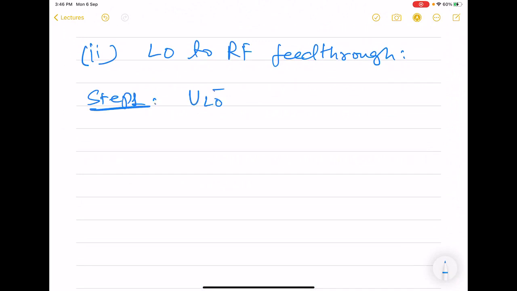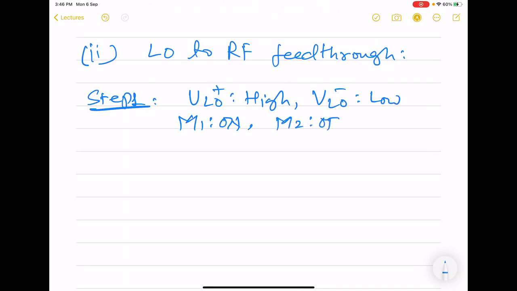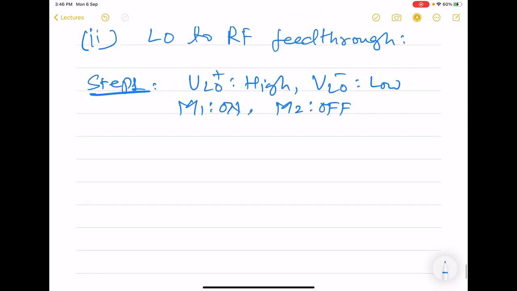So first, consider LO plus to be high. So this will imply M1 to be on and M2 to be off. So now we are interested in finding out the contribution of these two to the RF port. So we have to find out say Vs plus.